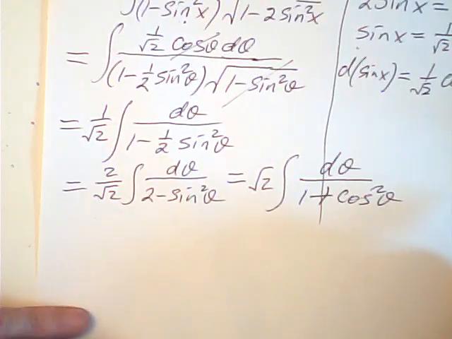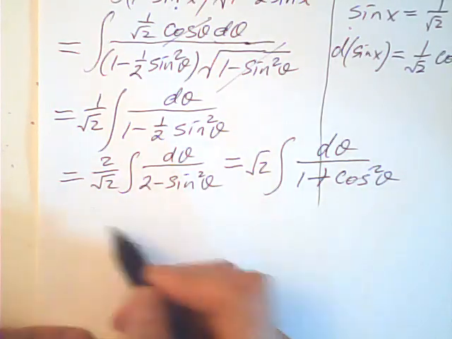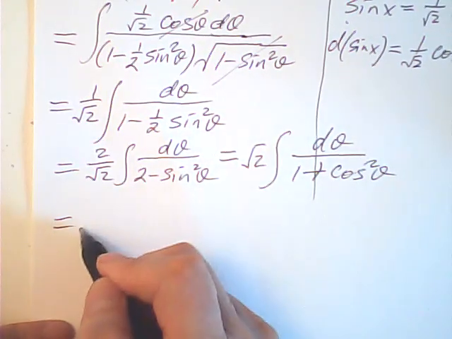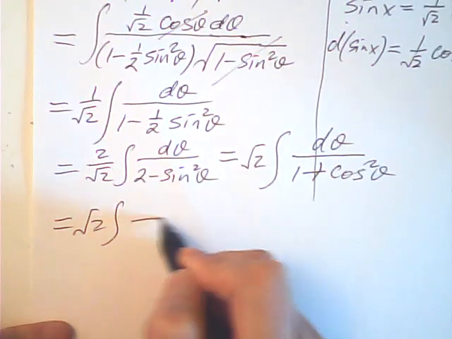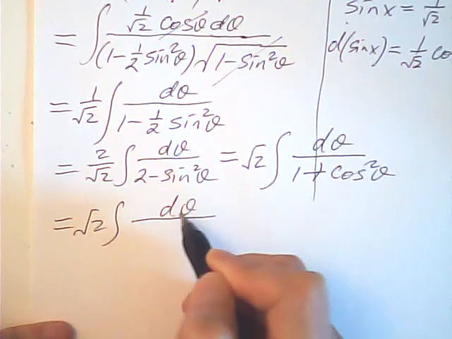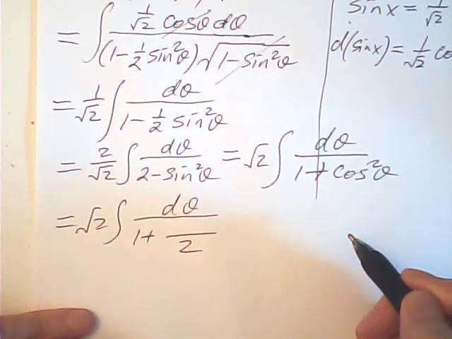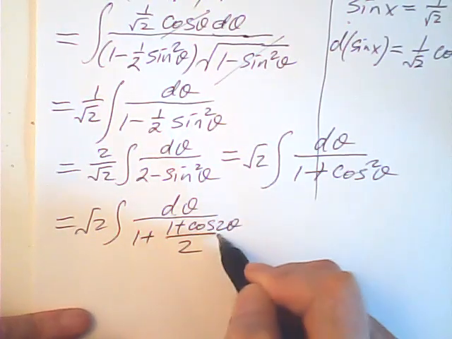Well, what then? Let me change. Let me delete the sine. Cosine square. This is root 2 integral d theta over 1 plus half, 1 plus cosine 2 theta.